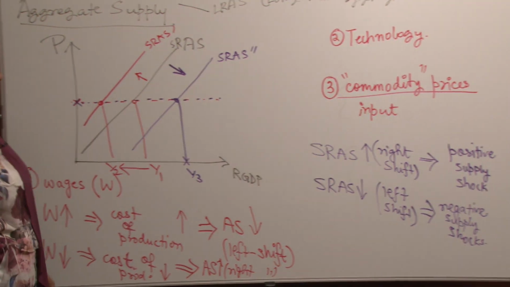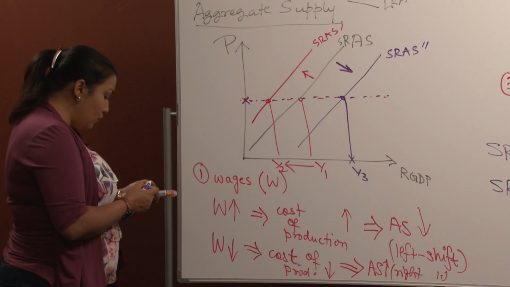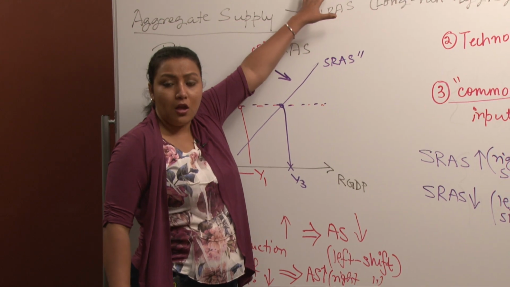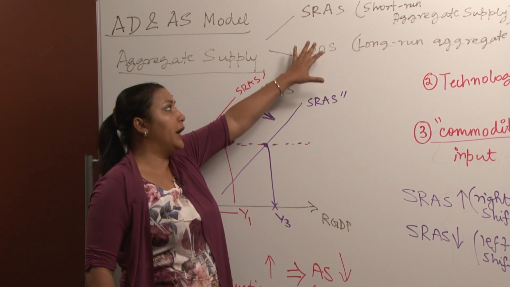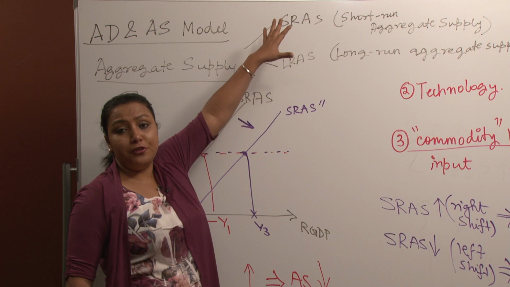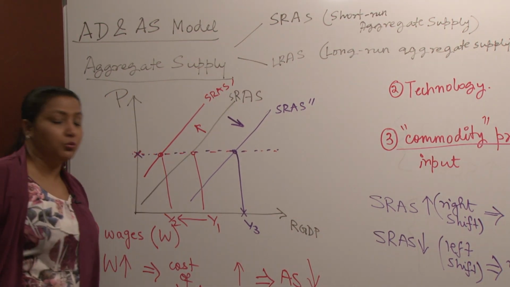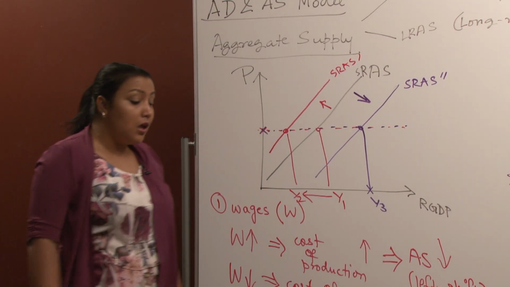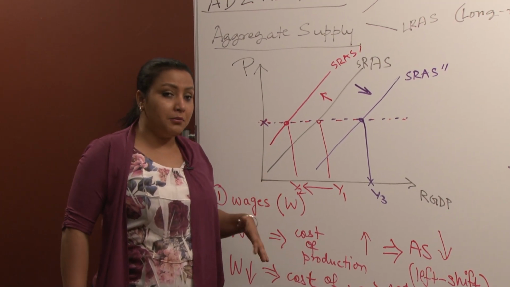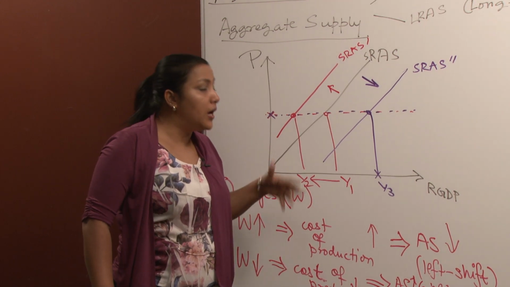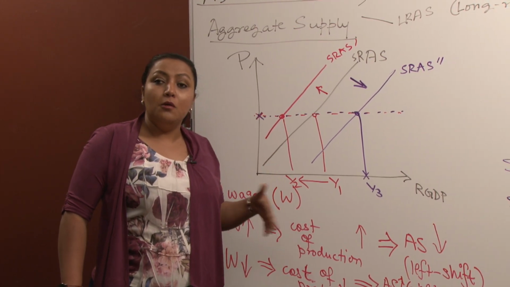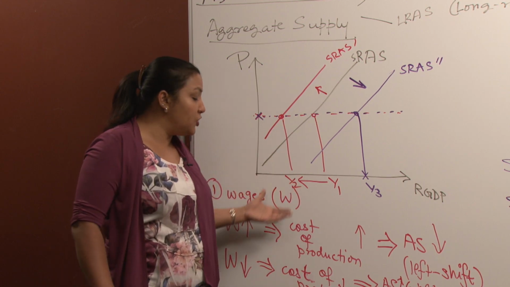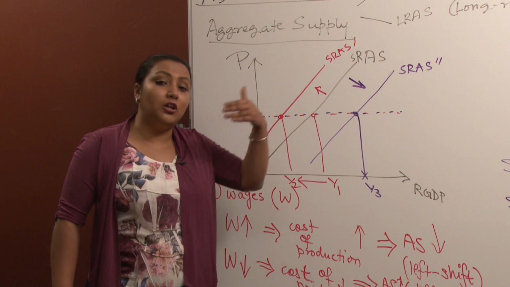We will come back to these supply and demand shocks. But before that, let me go back to where I was before we started talking about shifts. That means let us go back to the short run aggregate supply and the long run aggregate supply. Why do we have a difference between the two and what do we mean by the two? Now, when it comes to supply, there is a significant amount of time taken by an economy to adjust its supply, because most of the prices of inputs, and especially wages, take time to adjust.